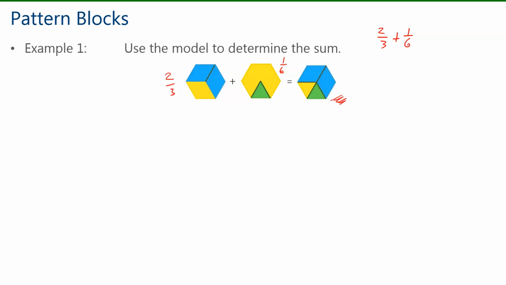And you may be able to figure out your answer just from looking at this particular picture. And that's great. What we're going to do, though, is represent everything in terms of our smallest pattern block, the triangle. Keeping in mind that a triangle is 1/6. So if I take each rhombus here and break it down into triangles, for each rhombus, I need 2 triangles.